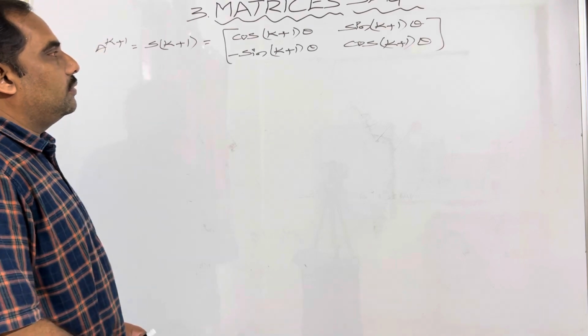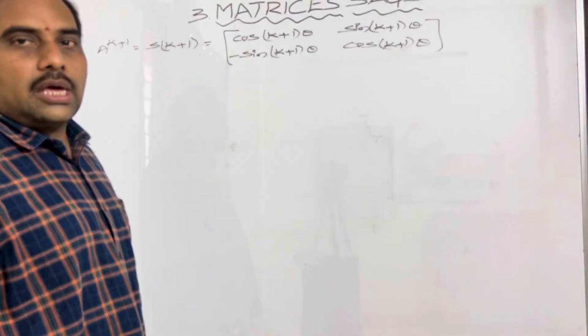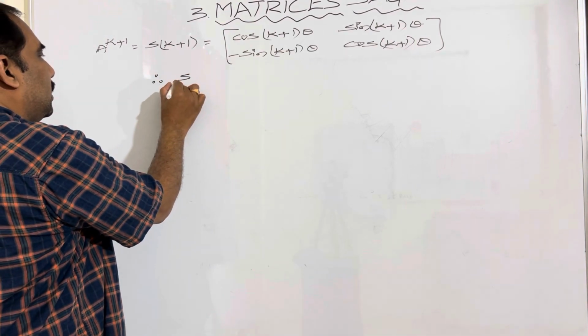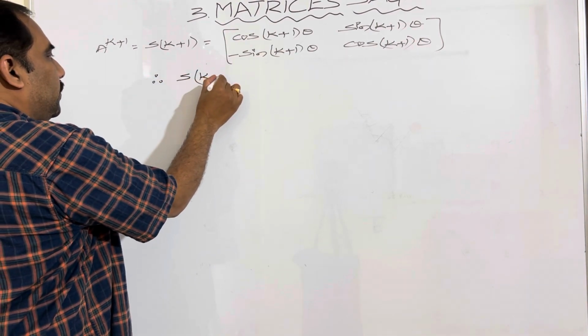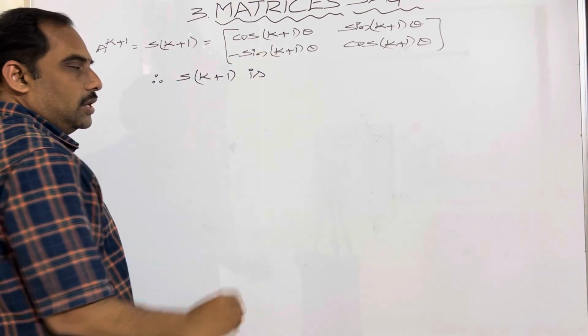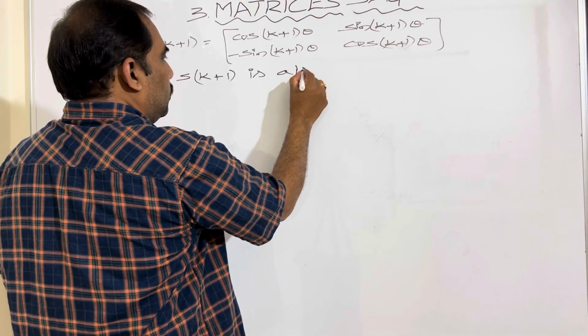See, observe that wherever k or n is there, we get k plus 1. So after getting like this, we can write that the statement is true for n is equal to k plus 1 also. That is, S of k plus 1 is also true.